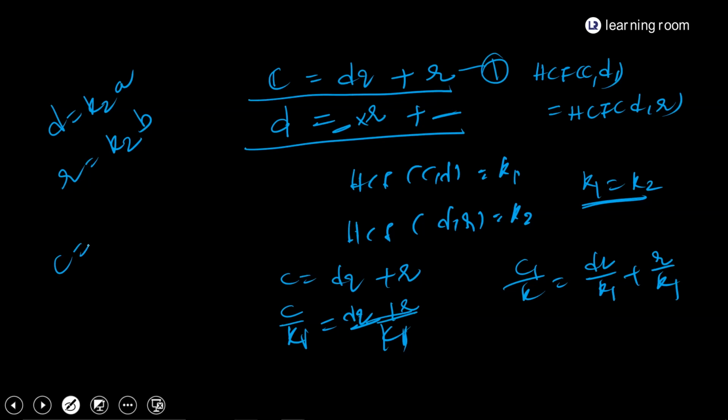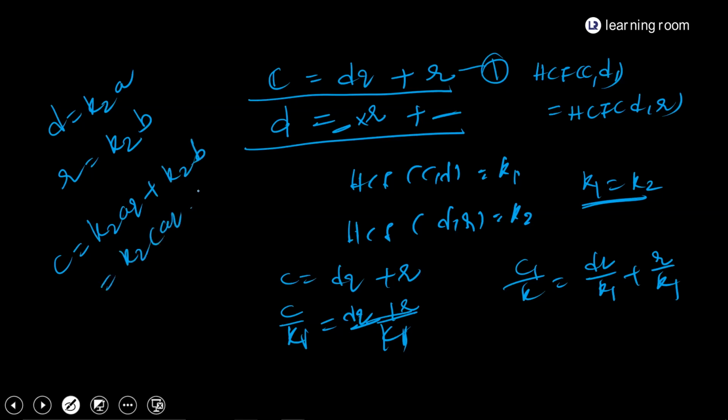Princey, can you say what is C now? If you substitute D and R in equation 1. K2 AQ plus, right? We are substituting D and R in equation 1. So what is C now? K2 AQ plus K2B. So now you can take K2 common.